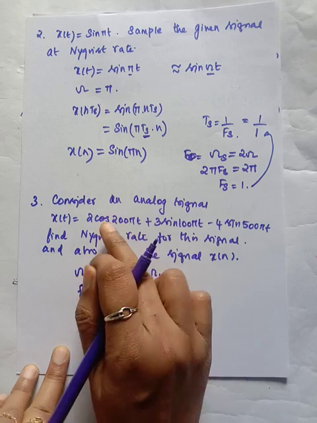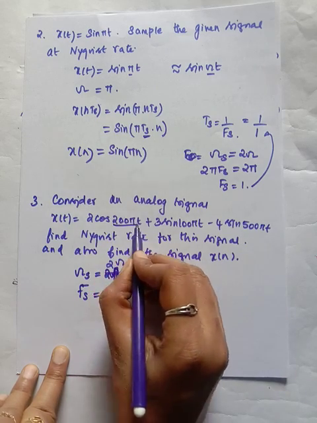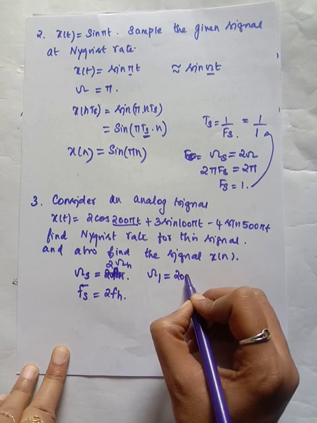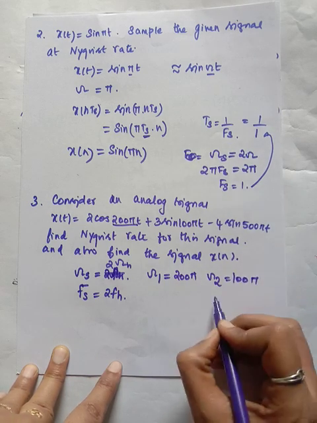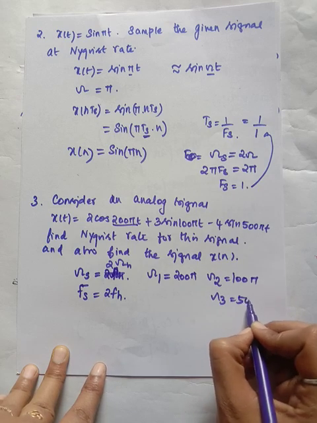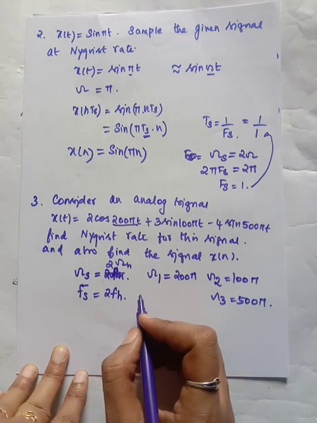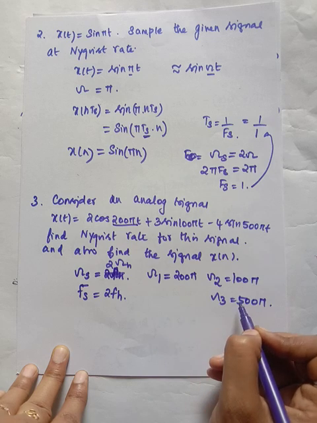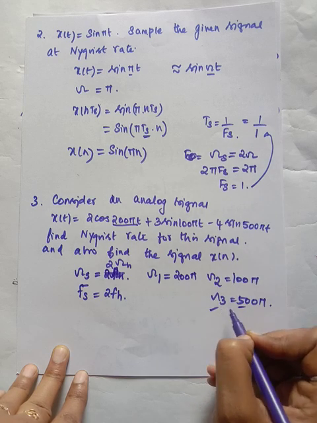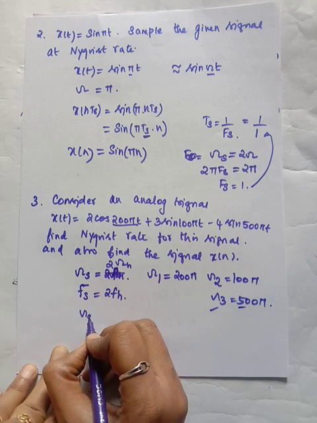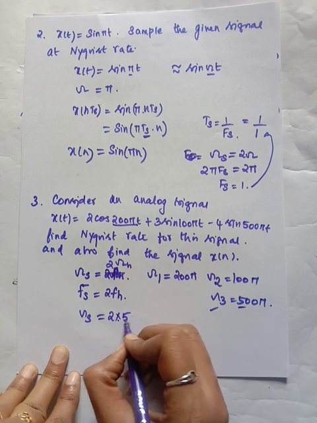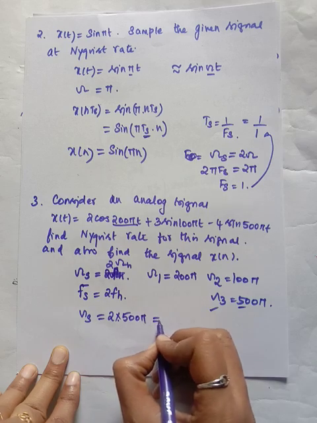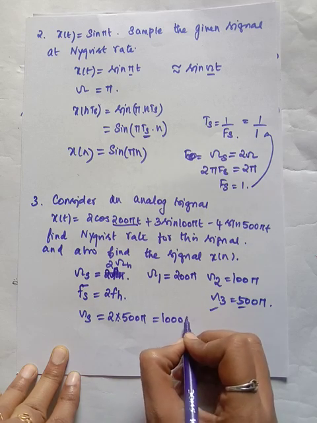Now omega 1 is equal to 200 pi, omega 2 is equal to 100 pi, and omega 3 is equal to 500 pi. Omega 3 has the highest component. Therefore omega s is equal to twice the highest component, so 2 into 500 pi, which is equal to 1000 pi.